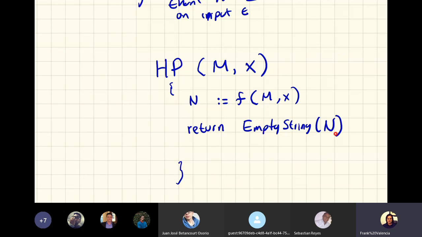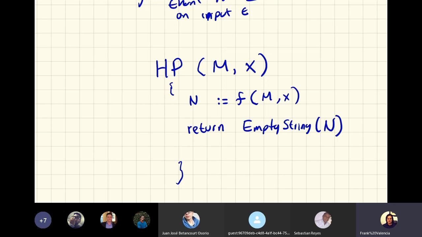Then you assume that there is a library, that God wrote this thing for you. And then you go and write, okay, I'm going to take a function f that I haven't told you what this function is.